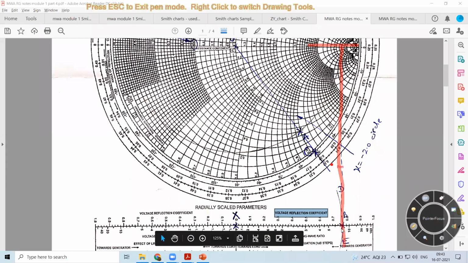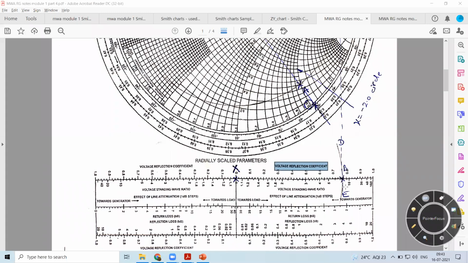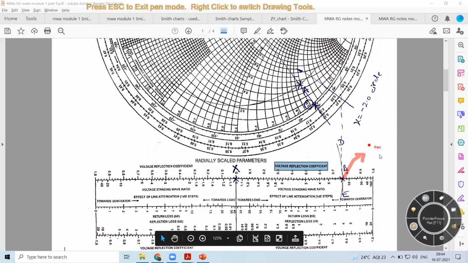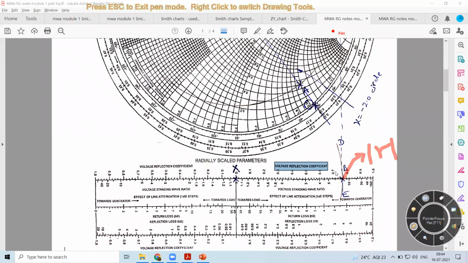The line intersects the reflection coefficient scale at the point which is marked as B over here. If I read this value, it will give me the magnitude of the reflection coefficient. This is one way.